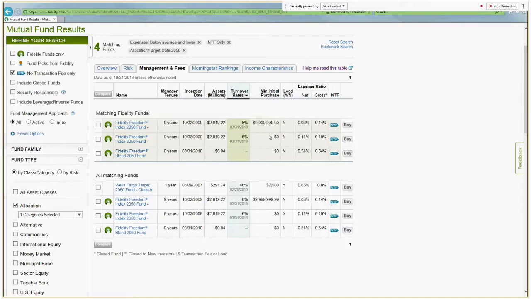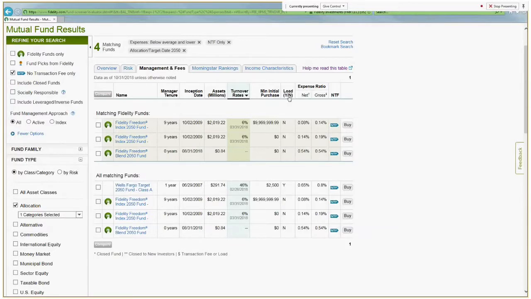So for this one right here, that 99999, I'm assuming, is an error on there. But if we look at the Wells Fargo one, for example, they have a $2,500 minimum. So you need to at least purchase $2,500 worth of that particular mutual fund in order to purchase it.